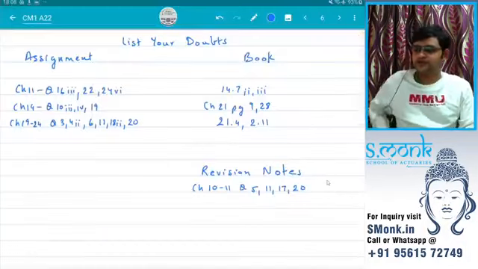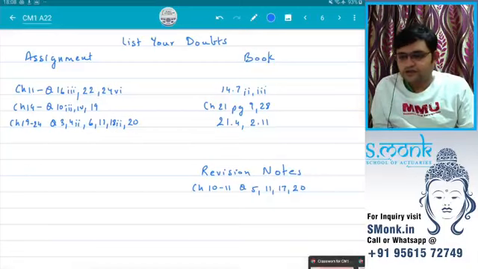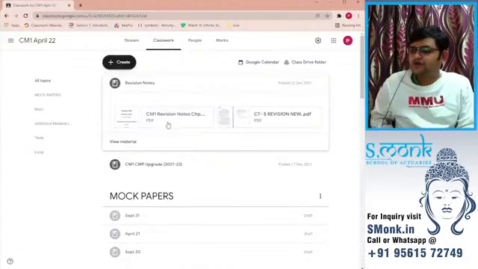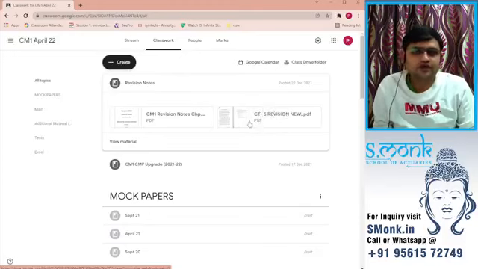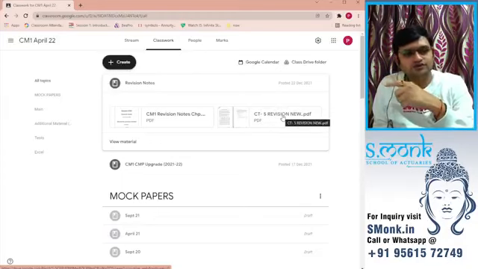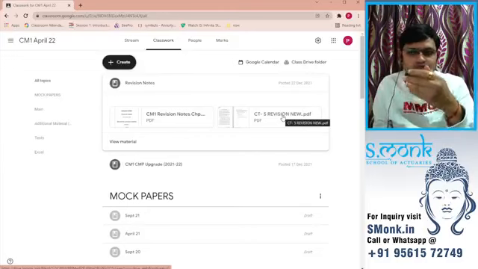For chapters 1 to 14 we have the separate CM1 revision notes, and for 15 to 28 we have a different CT5 revision note. This is the old course. These are good for practice, but some questions might be out of our course.